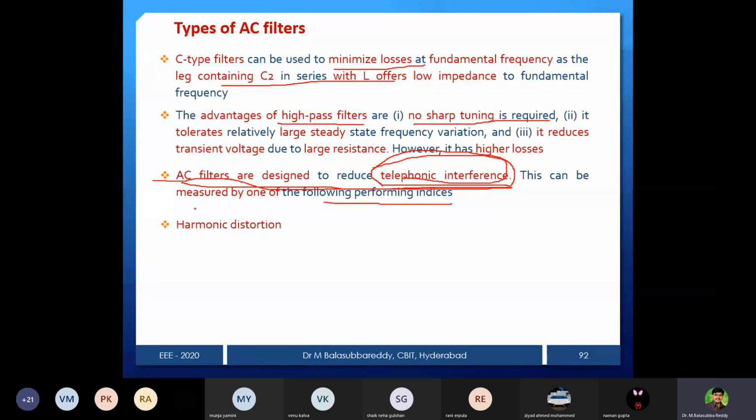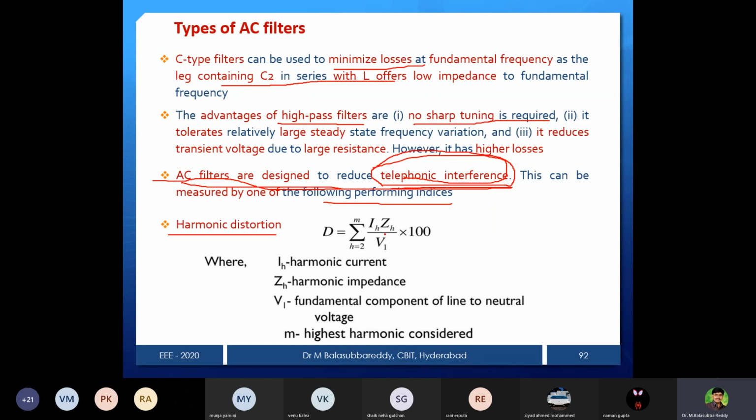For that, you are using some parameters. You can see the harmonic distortion factor. What is that harmonic distortion factor? D is equal to the summation, h equal to 2 to M, of Ih Zh by V1, into 100. That is the formula. Based on that value, we can see the harmonic distortion as well.